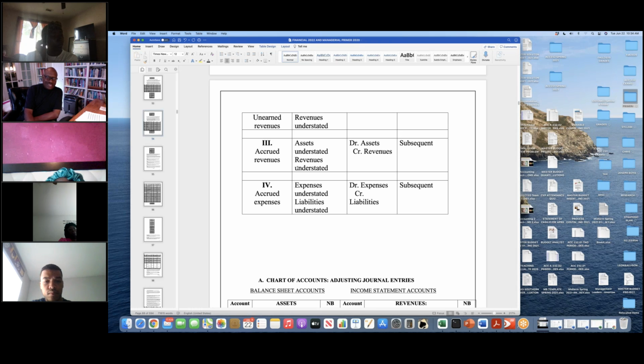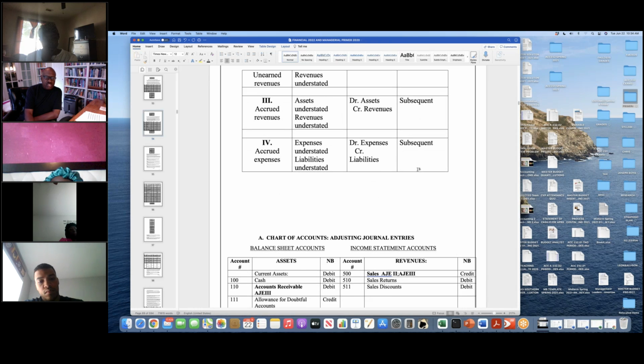And with a large company, this could be a lot of money. So the adjusting entry is we debit the appropriate asset and credit revenues for the accrued revenue. And for the expenses, we're going to debit the expenses and credit the liabilities. And then a subsequent entry is going to occur when the cash transaction occurs.